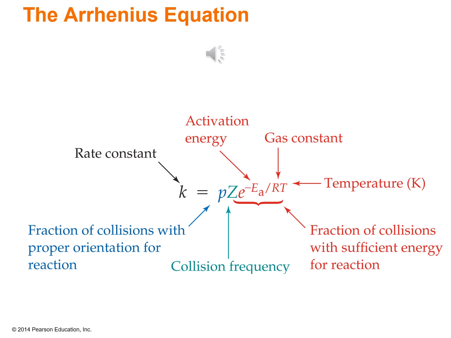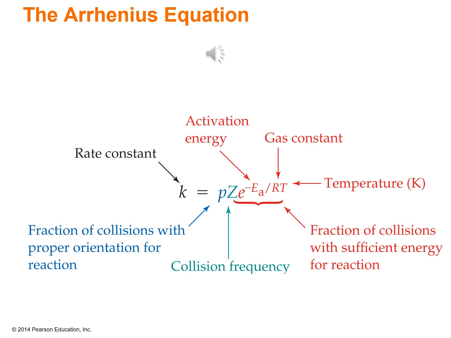And so from that equation, we can deduce the Arrhenius equation, which is shown below here. k is the rate constant. p here is representing the fraction of collisions with the proper orientation for the reaction to actually occur. z is the collision frequency.